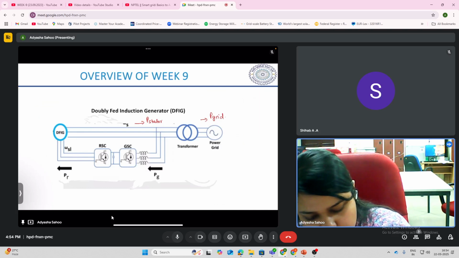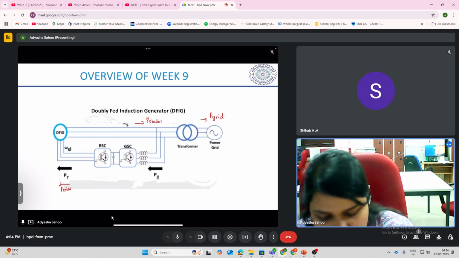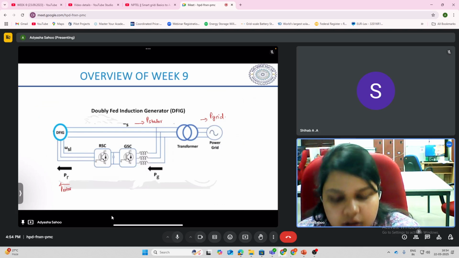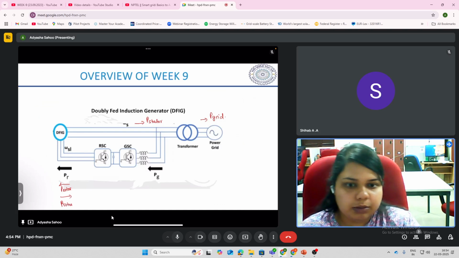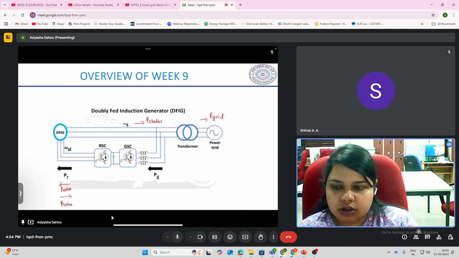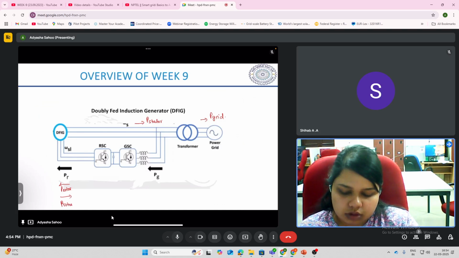Then you have the rotor side power also here as shown. The direction of the rotor side power can be this way or that way, which means it can be bidirectional. It can be positive or negative depending upon the scenario.